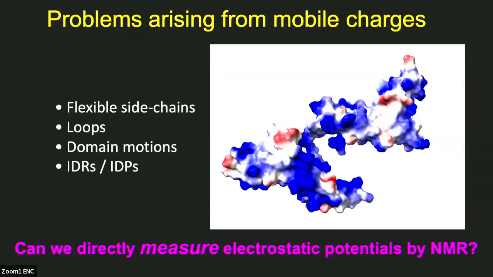So because of this kind of dynamics, the computation of electrostatic potentials from structures could be pretty much meaningless, especially for something like intrinsically disordered proteins or intrinsically disordered regions. So it would be wonderful if we could measure electrostatic potentials without using any structural information by NMR. The question is, is it possible? The goal in my talk today is to demonstrate that the answer to this question is absolutely yes.